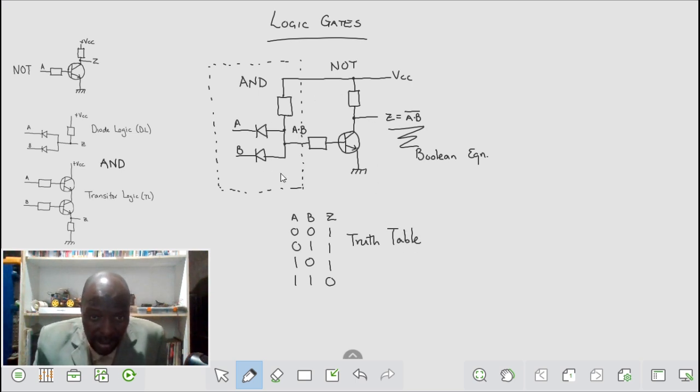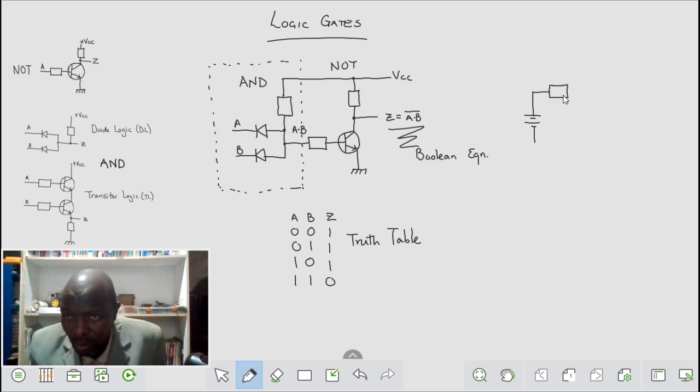This is our circuit, but we could have used switches here. How did we achieve the NAND with the switches? We said we're not going to allow a short circuit, so we're going to put a protection resistor.